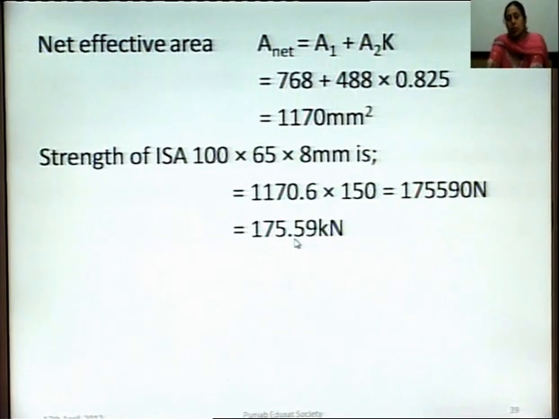So, you can see the numerical is very simple. You have to simply remember the different formulas to calculate the net area. We have only 4 to 5 formulas. First for plate, second for single angle, third for double angle, in which we have two cases.